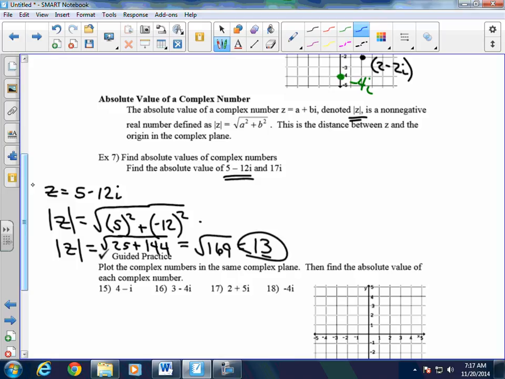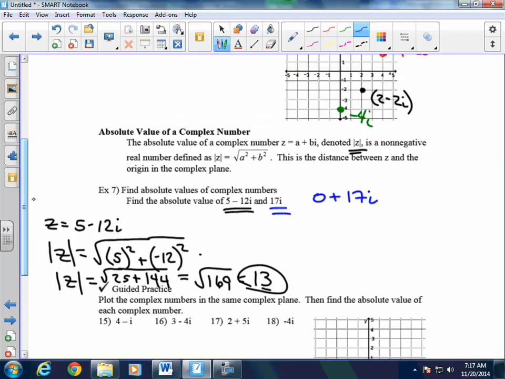Now we're going to do the same thing with 17i. Well, we could write this as 0 plus 17i. Well, knowing what you know about graphing this, that means I go over 0 and up 17. So what should the distance be? Well, it's 17 units away. Let's check to make sure that that's what we end up with. So the square root of a is 0 squared plus b is 17, so 17 squared.